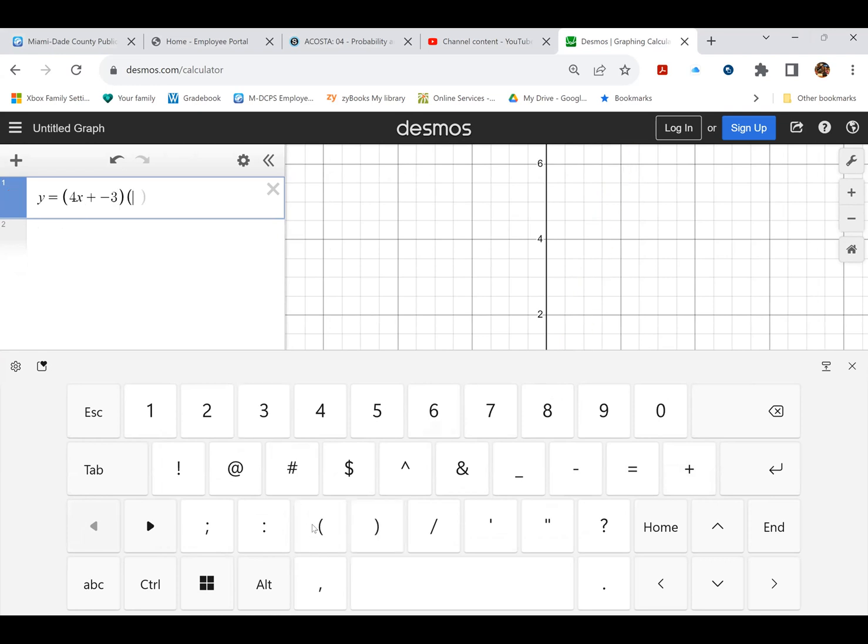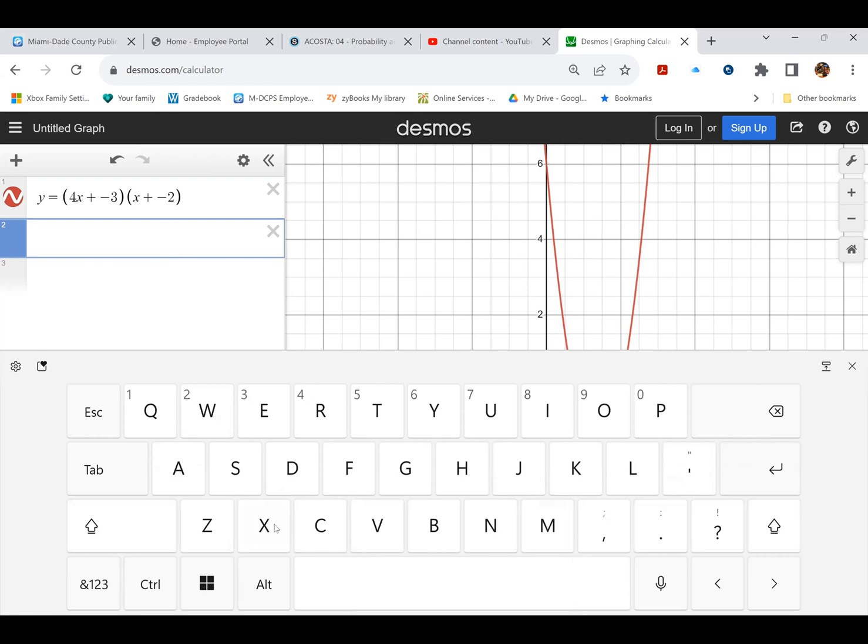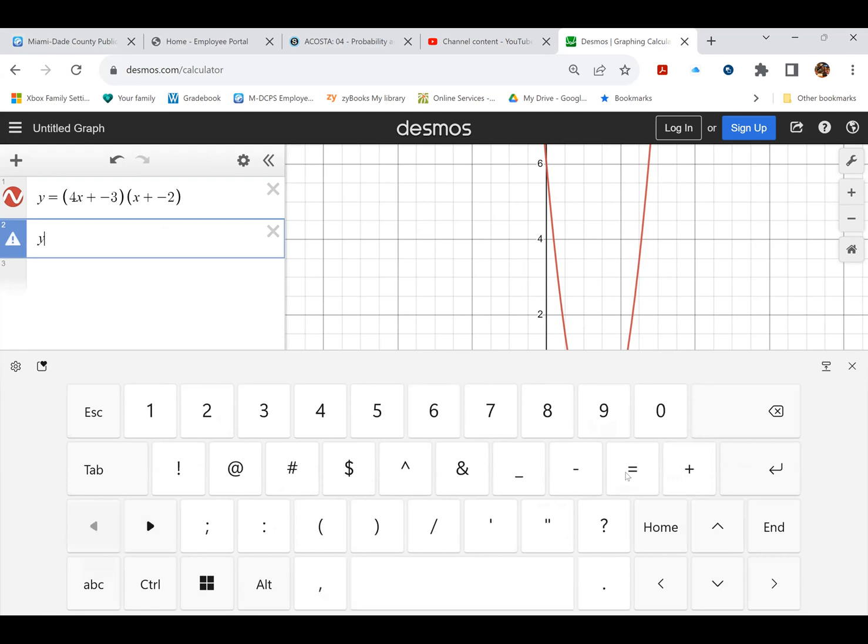And then parentheses. What's the other one? 4x minus 3, what else? Okay, so x plus -2. Close it, right? And then the other one was y. Oh no, lowercase y. Y equals to.